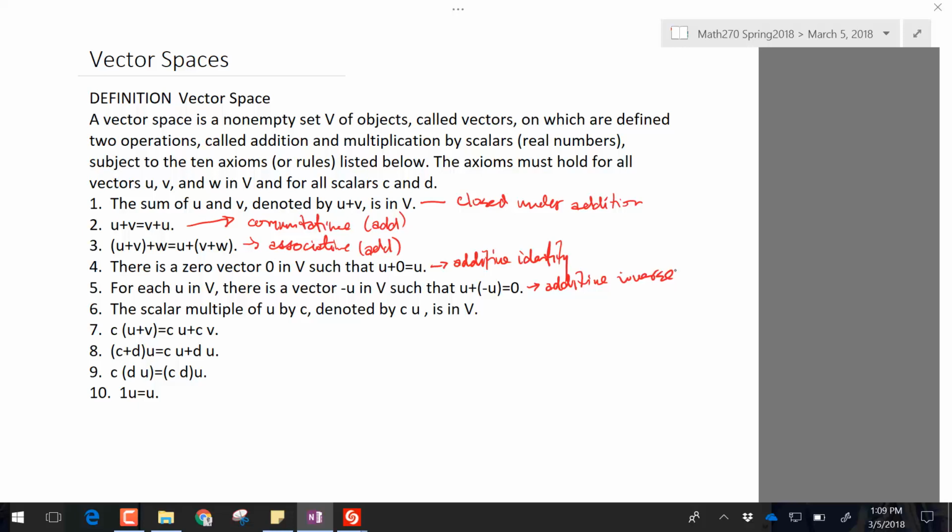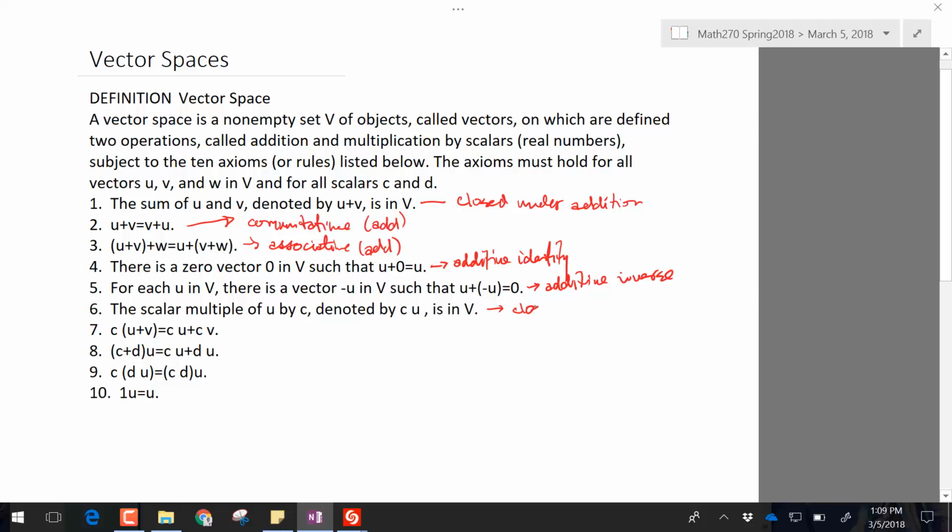Okay, now there's this other operation that we're doing in the vector space called scalar multiplication. So closed under scalar multiplication says if you scale a vector, if you perform the scalar multiplication, which should be defined, then you're still going to be within your vector space.